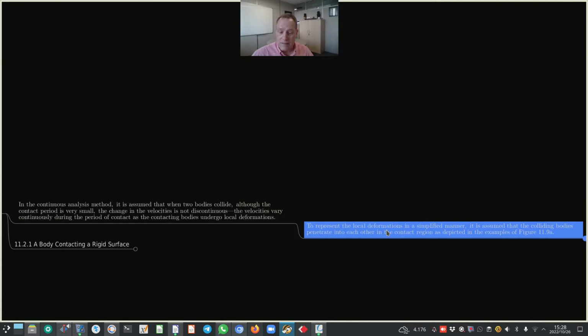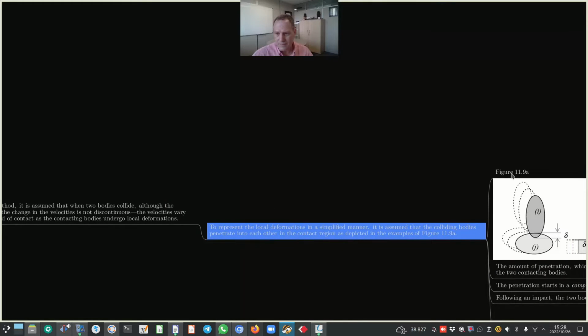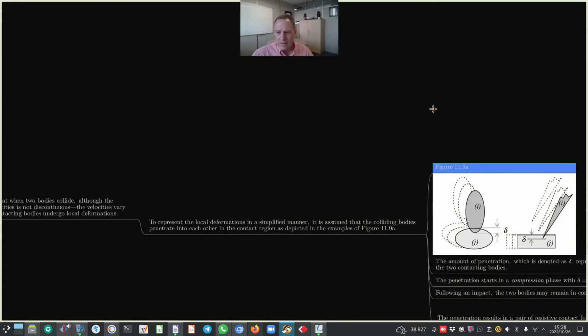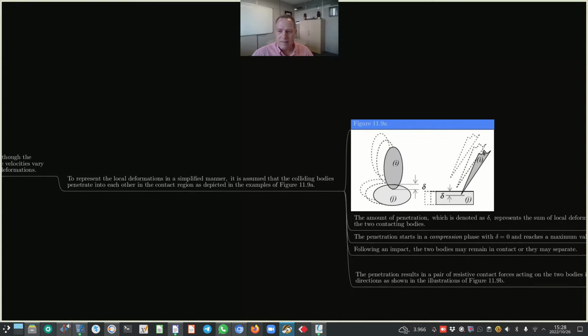In other words, the velocities vary continuously during the period of contact as the contacting bodies undergo local deformations. To represent the local deformations in a simplified manner, it is assumed that the colliding bodies penetrate into each other in the contact region, as depicted in the examples of figure 11.9a. Let's talk about these two schematics in more detail.